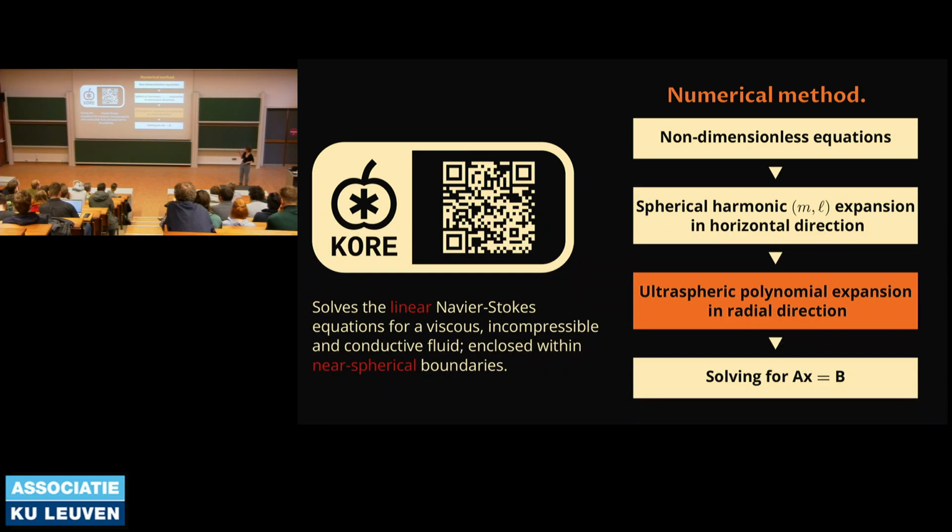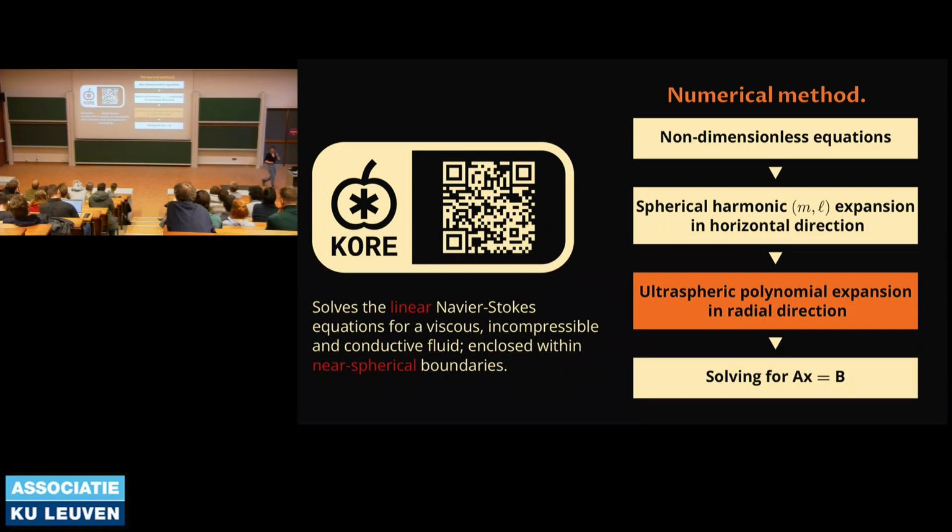Another cool thing about Cori is that in the radial direction we have ultraspherical polynomials, and that makes sure that the matrices you use are very sparse, so we can solve lots of sets of equations very quickly, so you can look at a very big parameter space, which is very helpful for the things I'm trying to do.